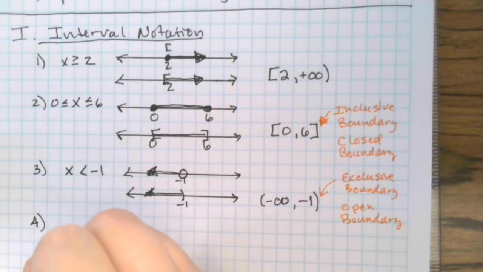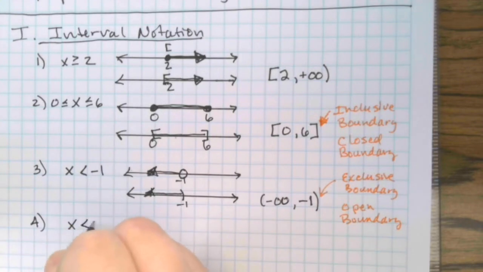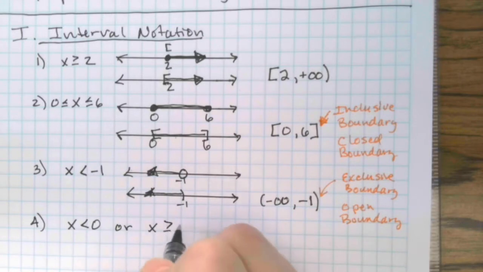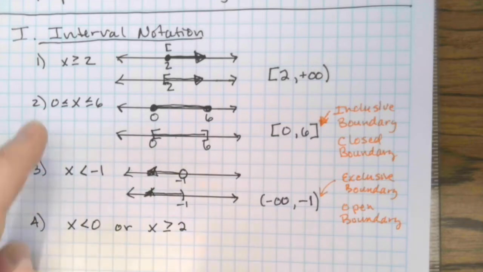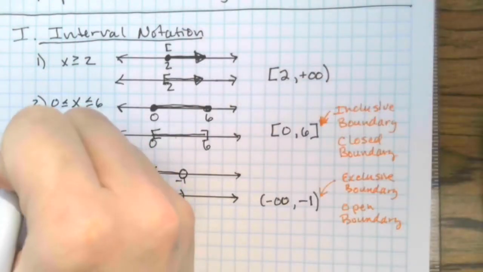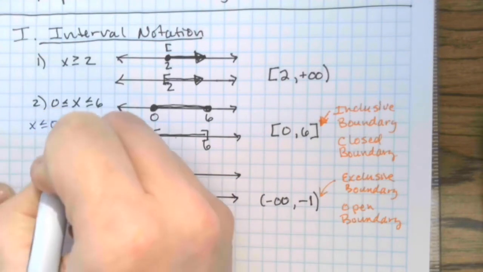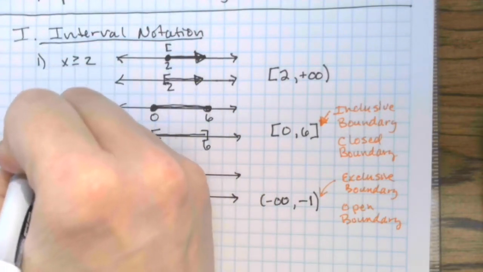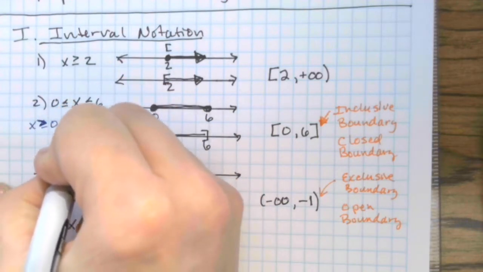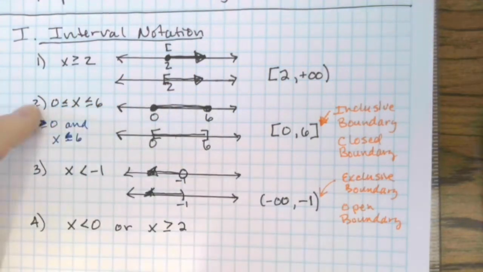We're going to do x is less than 0 or x is greater than or equal to 2. By the way, this is an or, while the earlier example was an and. The and expression you can write two different ways, and or doesn't, just one.